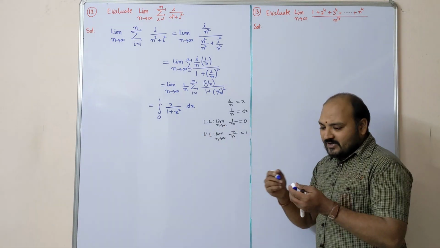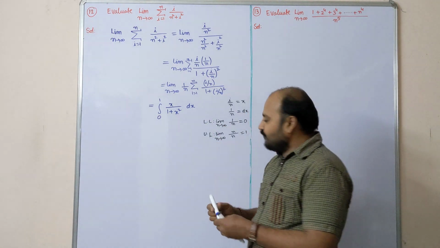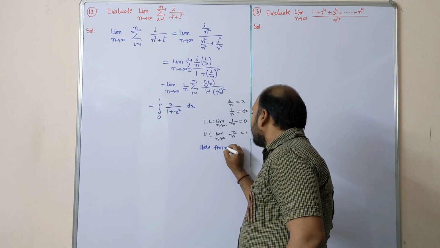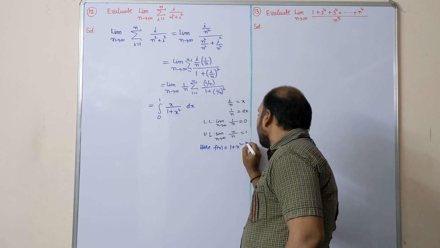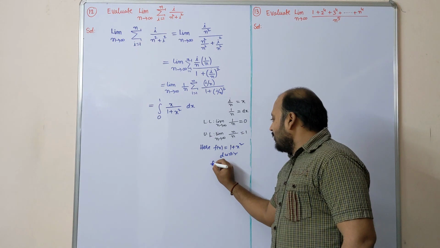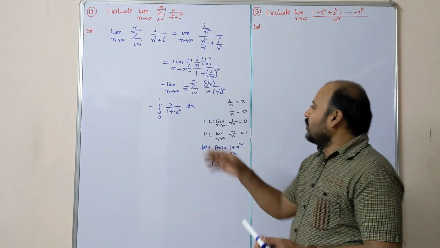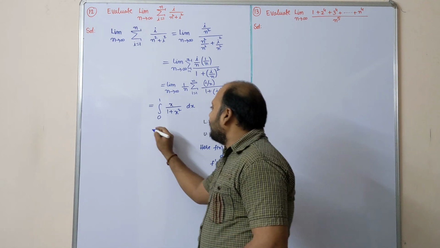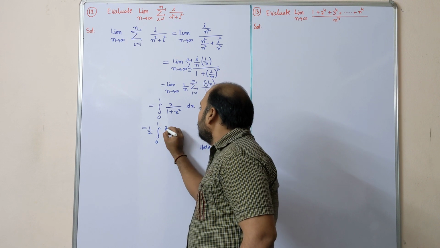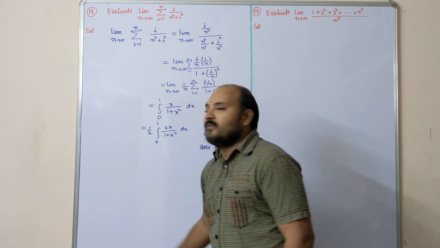Even here also, like the previous problem, whose derivative is 1 plus x square derivative, what is it? 2x. Here I am mentioning f of x is equal to 1 plus x square. Differentiate with respect to x. F dash of x equal to 2x. So 2x is not there. In the next step, multiplying and dividing by 2, integral 0 to 1, 2x by 1 plus x squared into dx.